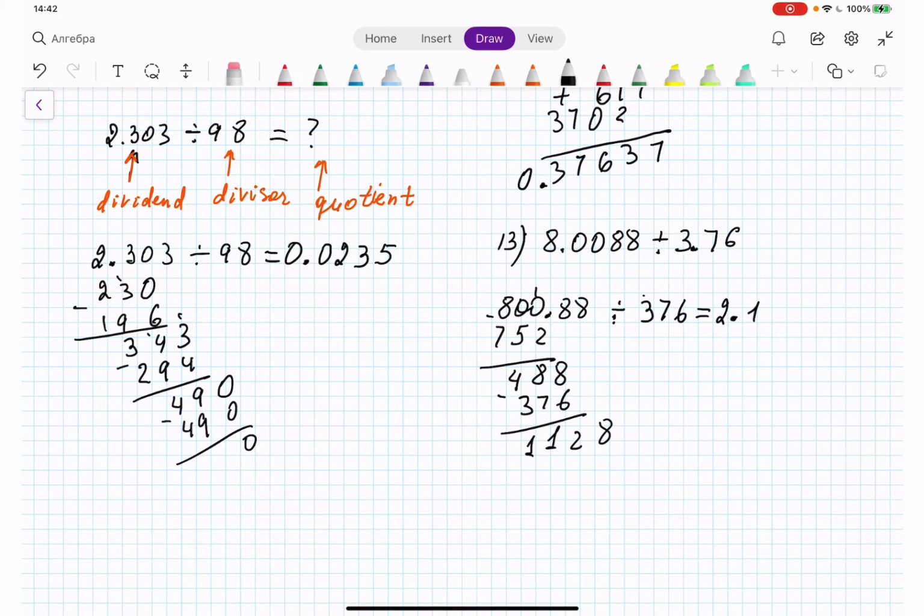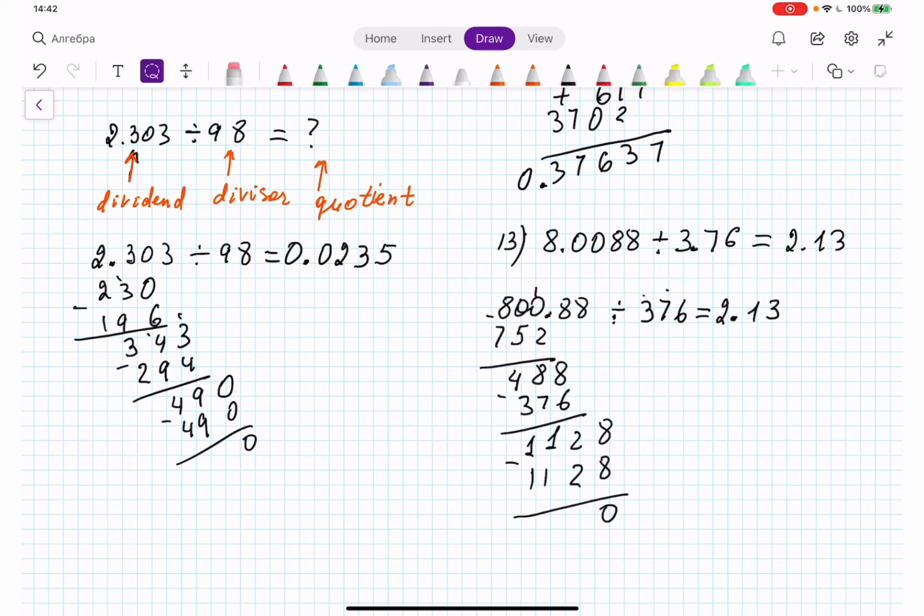Taking 11 divided by 3, it's going to be 3 times. 3 times 6, 18. 1 in mind. 3 times 7 is 21, and 1, 22. 2 in mind. And 3 times 3 is 9, and 2, 11. Bingo, we are getting 0. 2.13. So here the result is going to be 2.13. Pay attention. We don't need to shift back any decimal point because it's going to be the same answer.